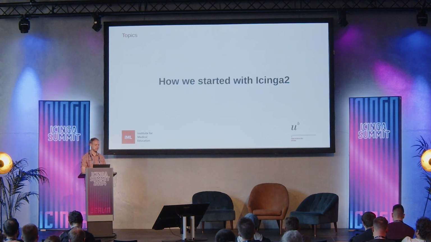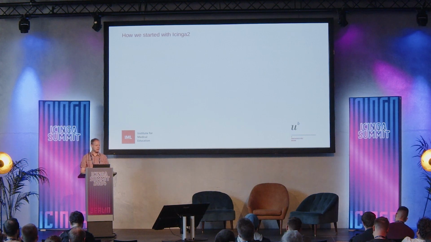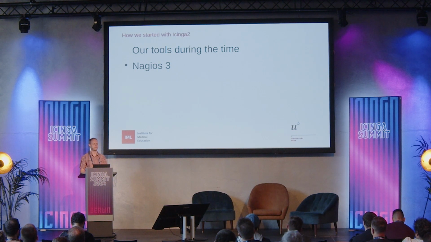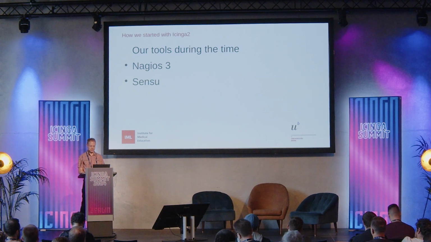So how did we start with Icinga 2? I came to the institute more than 10 years ago, and there was a great tool named Nagios 3, and I really hated to configure anything in it. Luckily, when we started to build up a new environment with Puppet Master and Foreman, we switched to another monitoring tool called Sensu, which was really quite nice to automate.